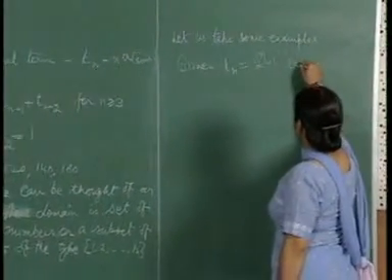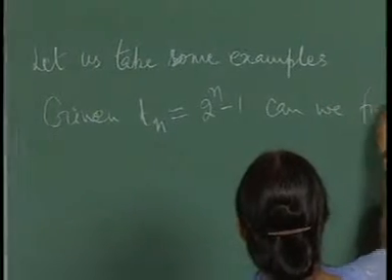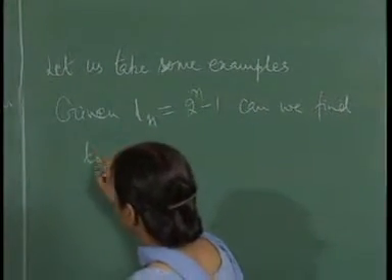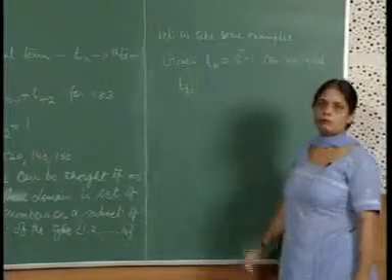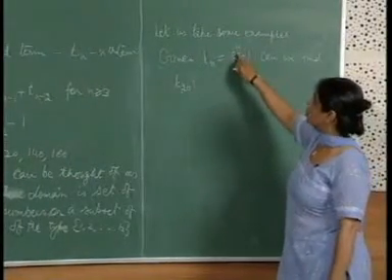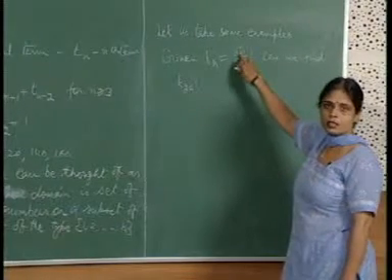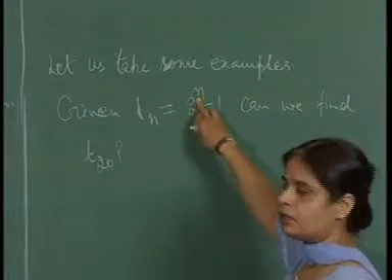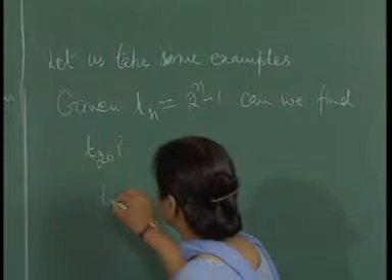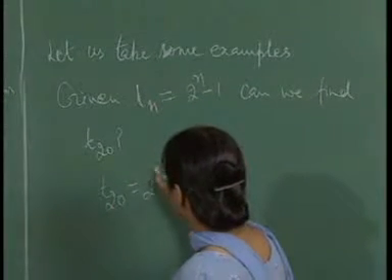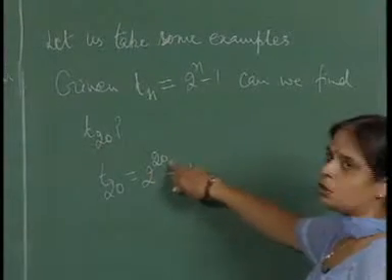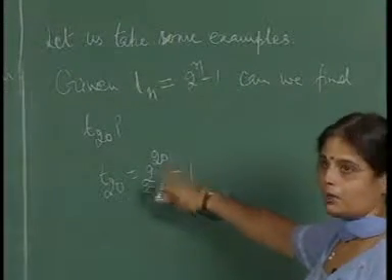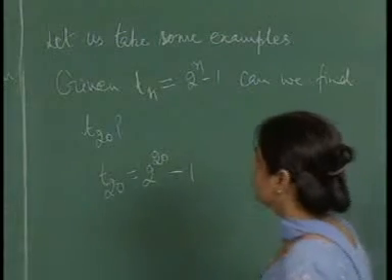Can we find T20? This is simple because we simply have to substitute n is equal to 20 in this explicit formula and we will get the 20th term. So T20 will be simply 2 raised to power 20 minus 1. So you have to compute 2 raised to power 20, which is going to be a large number, and finally you can get the answer.